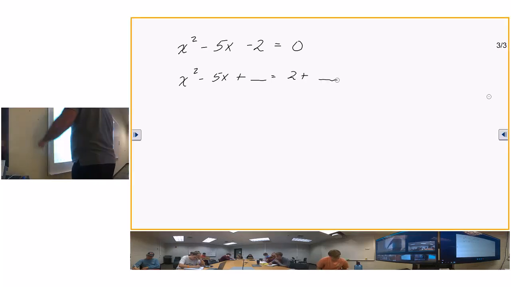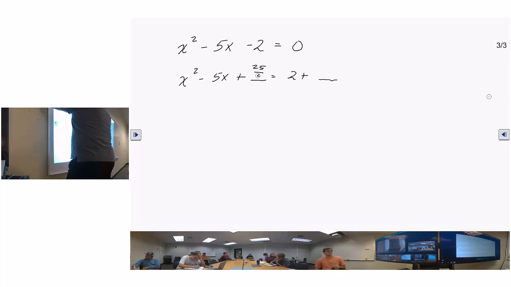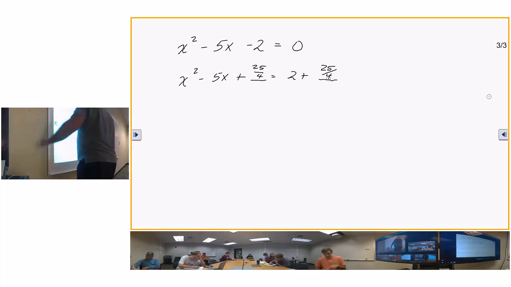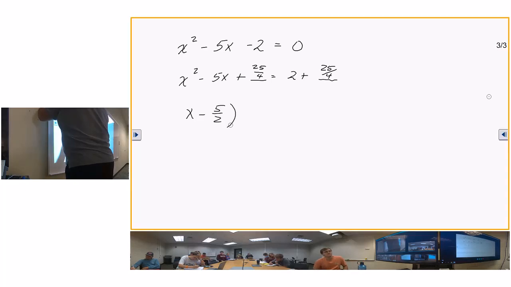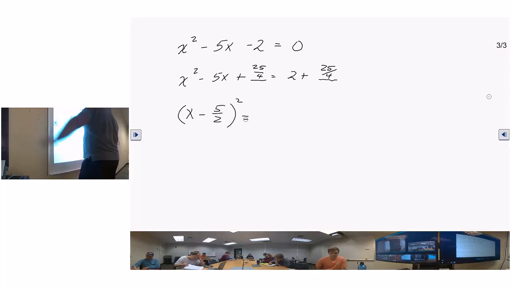What's half of 5? 2.5. 5 halves. 5 halves squared is 25 fourths. That's shortcut number 2. X minus 5 halves, quantity squared, is equal to 8 fourths plus 25 fourths.